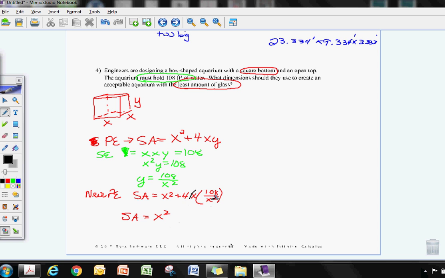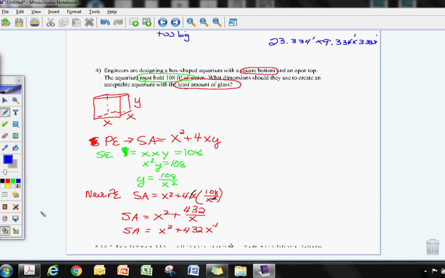And 4 times 108 is going to give me 432 over X. But I don't want to take a derivative with an X in the bottom. I don't want to have to do low D high minus high D low, square the bottom, and away we go. So let's be creative. Let's remember our algebra rules. And we can change that X on the bottom to an X to the negative 1 on the top.